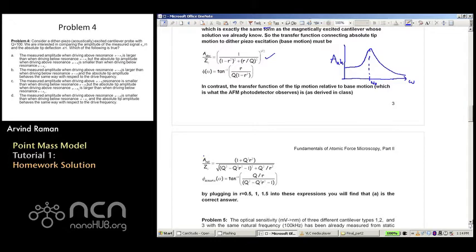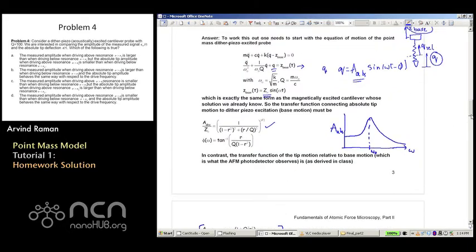However, we had derived an expression for the transfer function when you relate the tip motion relative to the base, relative to the magnitude of the base motion, and you get a much more complicated transfer function.